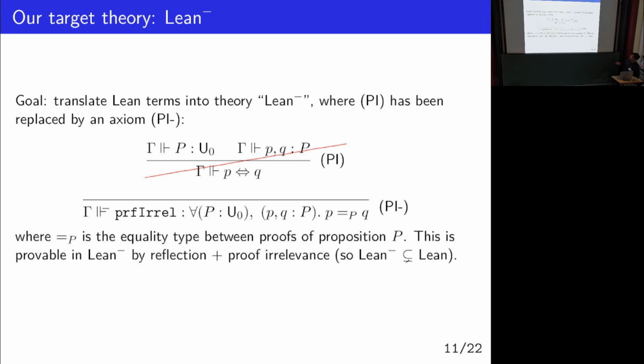I just use this notation for our new type system. And this is the propositional equality type. This is something that's obviously provable in Lean proper by just applying reflexivity because we have proof relevance. So in fact, Lean-minus is a strict subset of Lean.